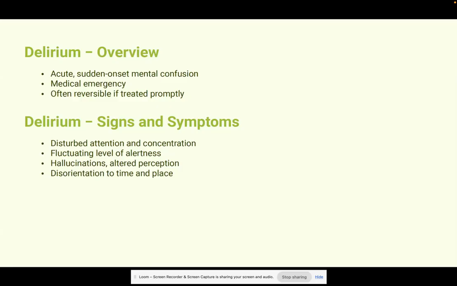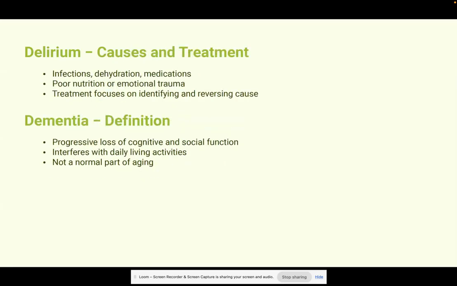There might be a fluctuating level of alertness. They might be alert for a few minutes and then they go down, alert and go down, right? So that's fluctuation. It could also be hallucination and altered perception. They might see things or hear things that we cannot see and hear, and also disorientation to time and place. So they don't know what the time is now or where they are at the moment.